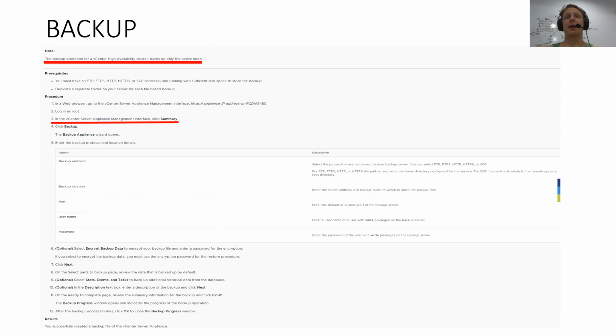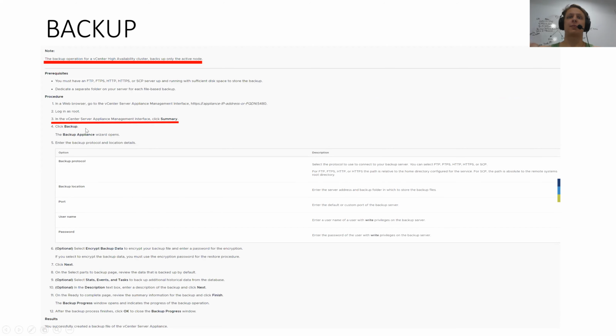Now we've got backup, and backup is important here because everything needs to be backed up within an enterprise IT environment. Some of this shows the protocols. You might need to know that you can point to an FTP server, an FTPS server, an HTTP server, an HTTPS server, and SCP.